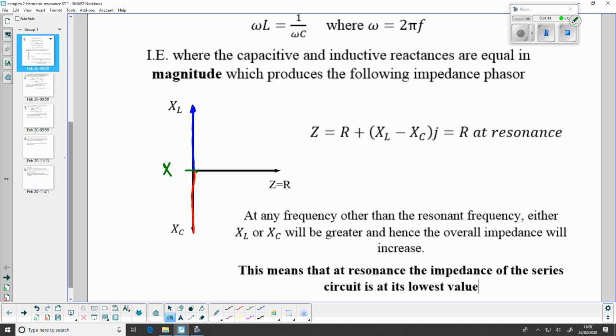The total impedance of the circuit is R plus (XL minus XC) times j. So if at resonance these two items are equal, the bit in the brackets is equal to 0, and therefore the impedance is the resistance.